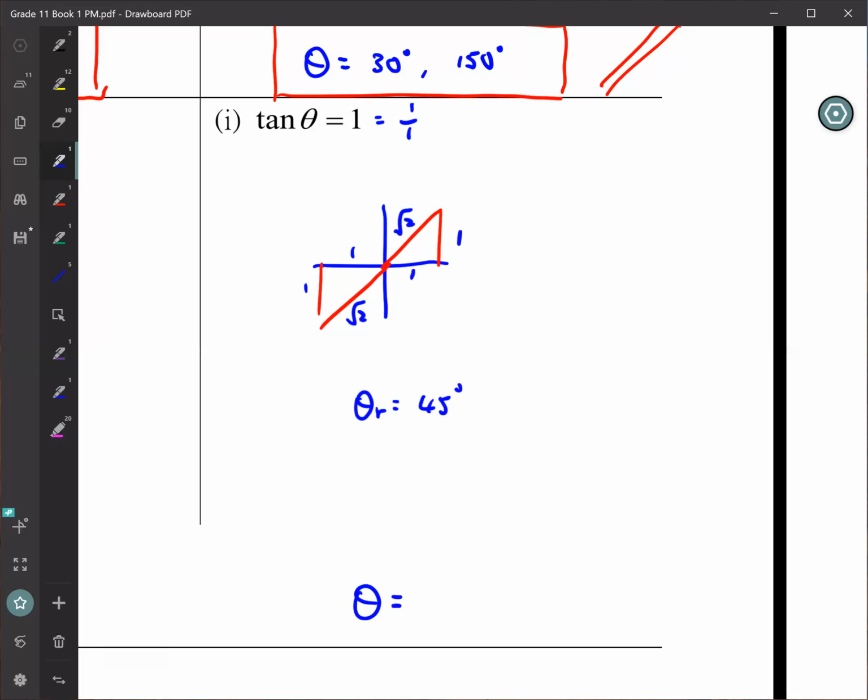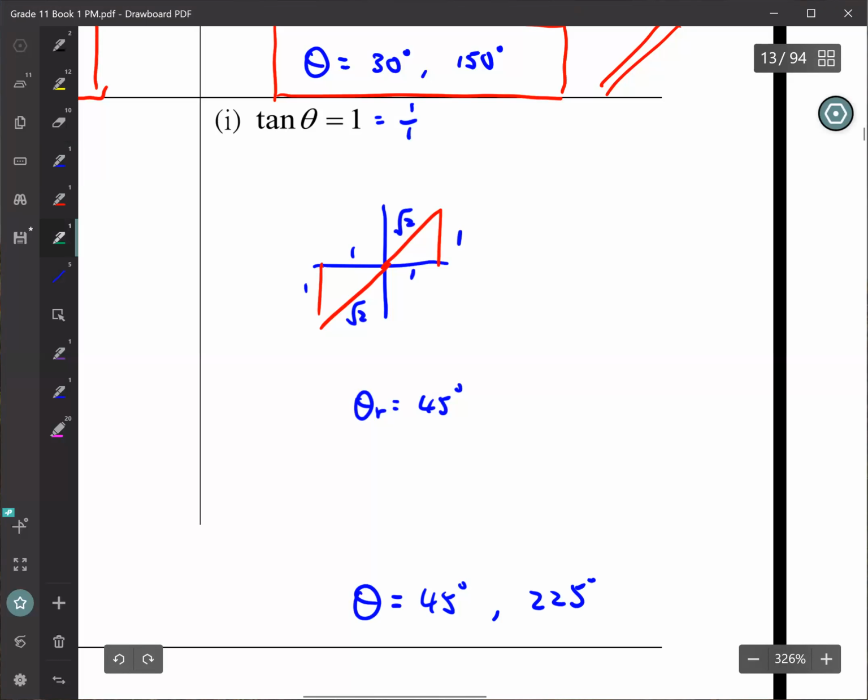Yeah, we are on the last step. So is it 60 degrees and... What's the reference angle here? 45 degrees. Yes. So is it 45 degrees and 225 degrees? Yep, okay, very good.